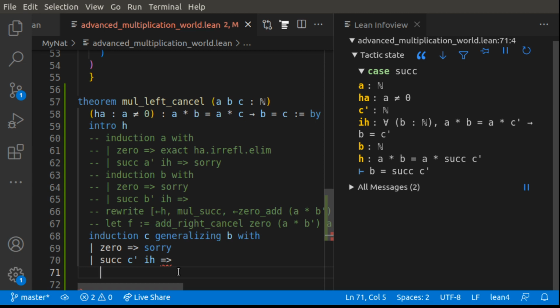And we have our inductive hypothesis, which is different than before, which says for all natural numbers B, A times B equals A times C prime implies B equals C prime.